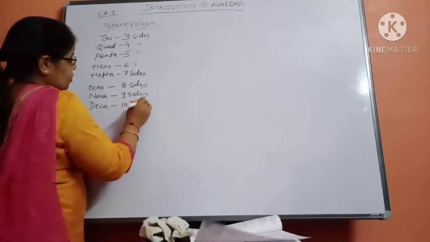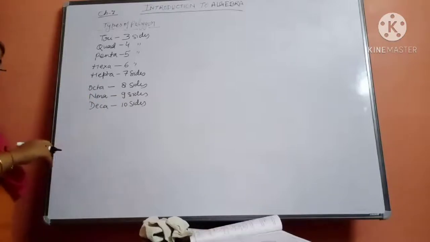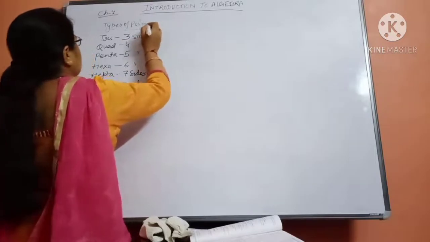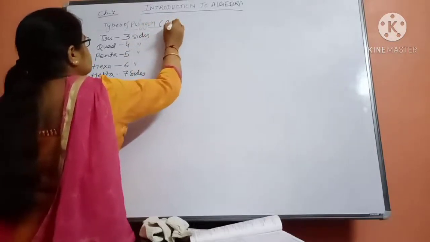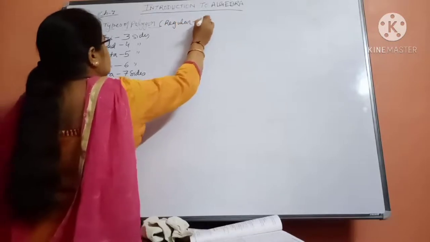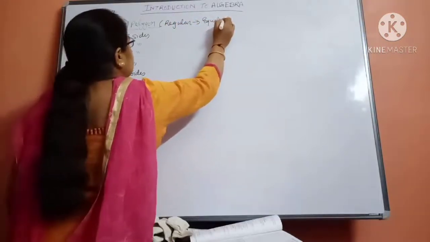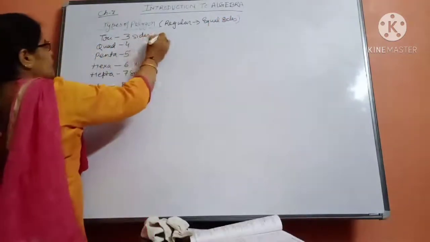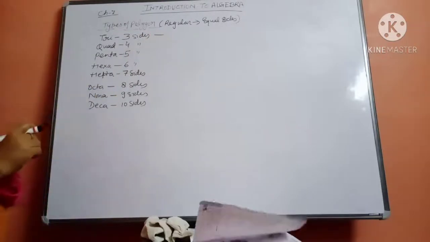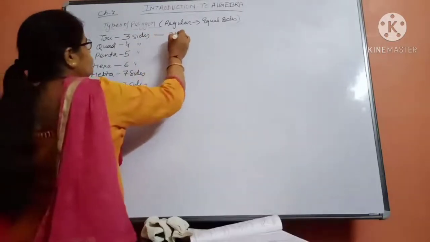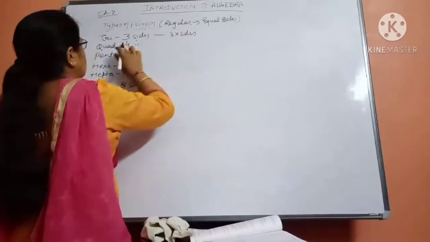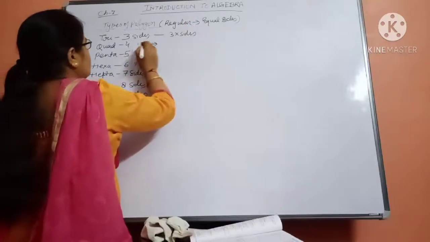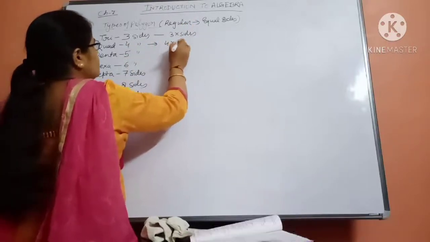So you write all these things somewhere in your book or in your copy. We are discussing regular figures. Regular means a figure having equal sides. For a regular figure with 3 sides, its perimeter will be 3 into side. For a quadrilateral, 4 sides, 4 into side will be its perimeter.